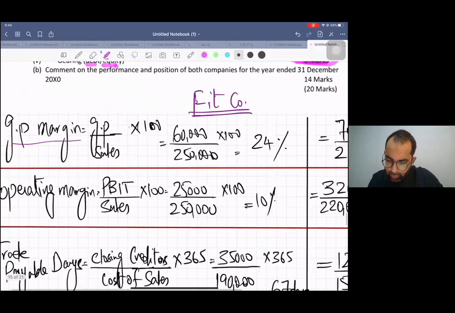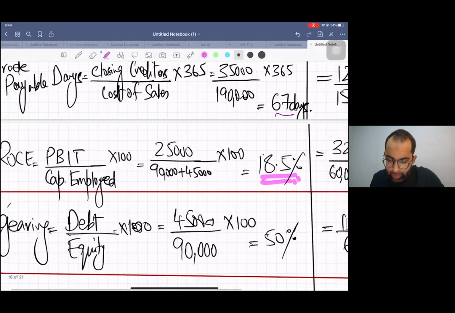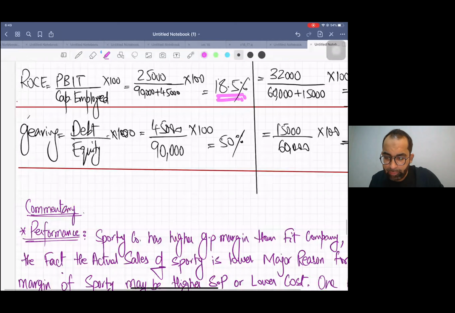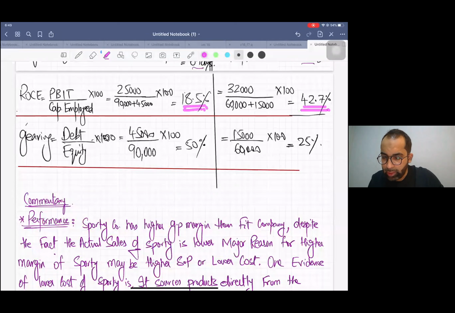So see this. Your loans are 45,000, your equity is 90,000, times 100, 50% gearing. And here you have loans of 15, equity of 60, so 25% gearing, right?